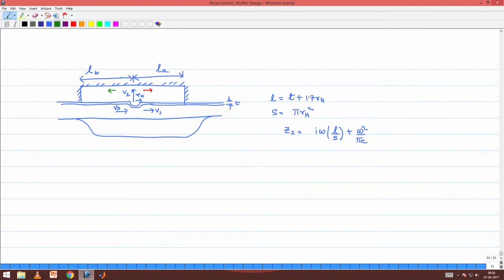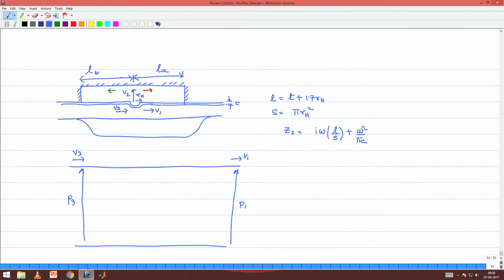So, basically if I have to now draw the electric circuit associated with this situation, it would look something like this. In the upstream you will have a situation of P3 and V3, in the downstream you will have a situation of P1 and V1.